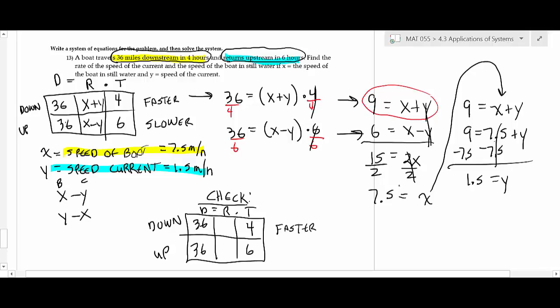So you take these speeds and add them. 7.5 plus 1.5 means the rate is 9. Can you already tell it's right? Distance equals rate times time. 9 times 4 is 36. See what I mean?